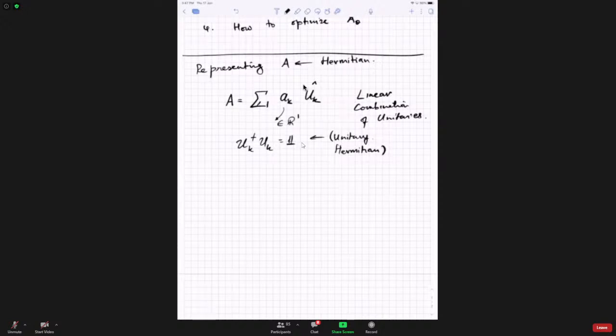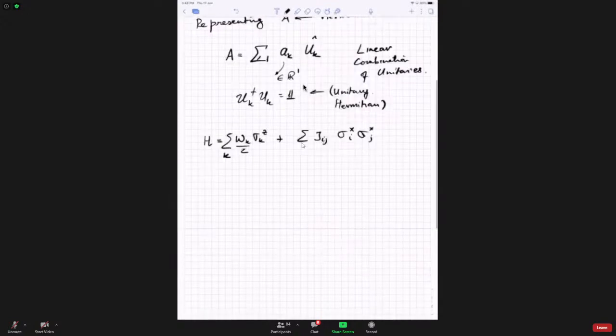And why is this an interesting ansatz? It will be very clear the moment I write down any kind of spin Hamiltonian of interest to all of us. Suppose I write the sum over k of omega_k sigma_k over 2, plus a sum over i,j of J_ij sigma_x^i sigma_x^j. Notice that these are all Hermitian unitaries, and these coefficients are all real numbers.